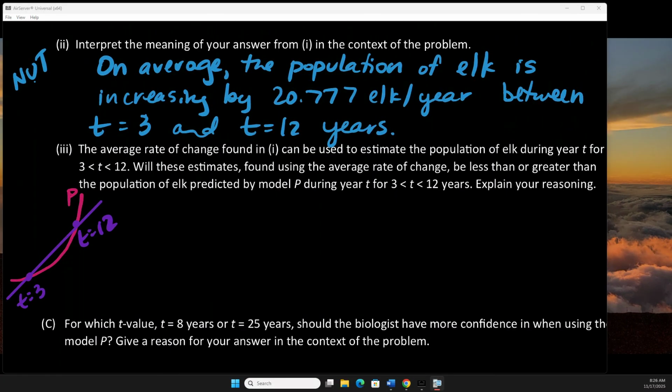So I'm going to start by answering the question. It says these estimates found using the average rate of change be less than or greater than?